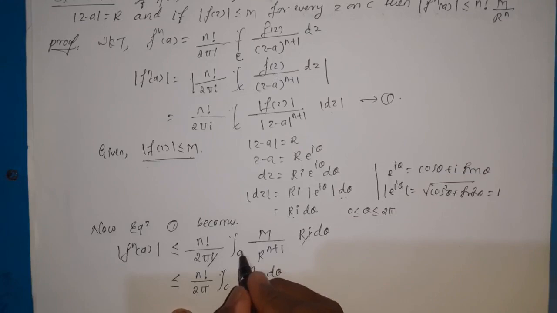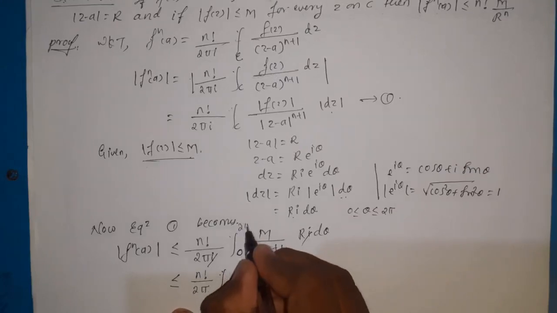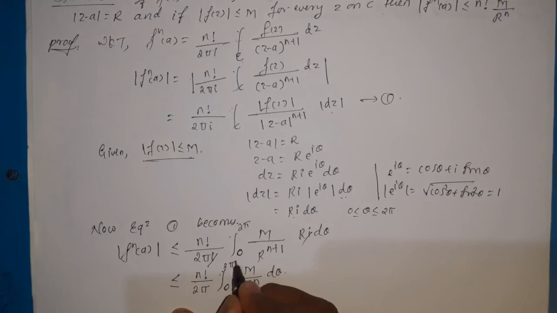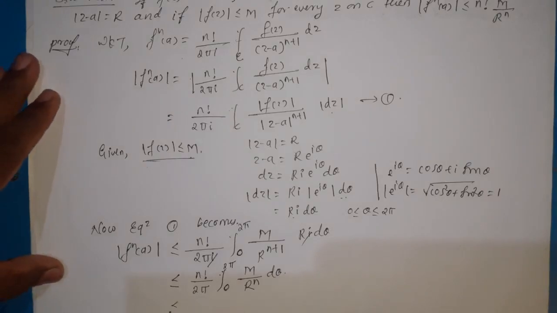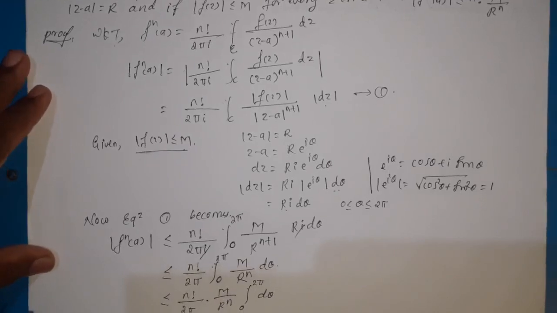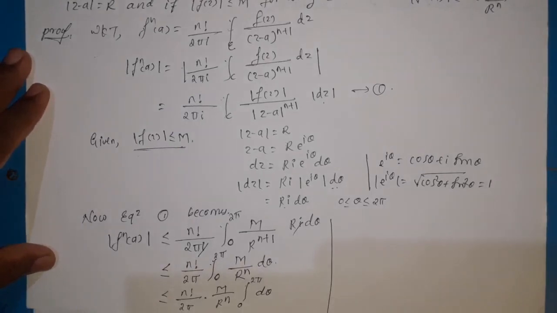So this integration over C becomes integration from 0 to 2 pi. Here the variable is theta, so with respect to theta, M and R are constants. Therefore this is less than or equal to n! divided by 2 pi into M divided by R^n, integration from 0 to 2 pi of d theta.